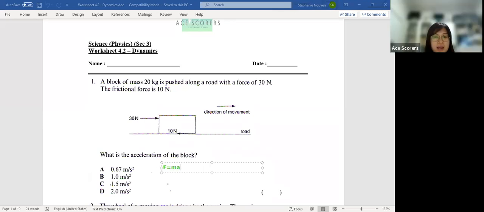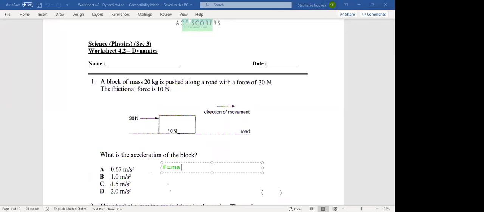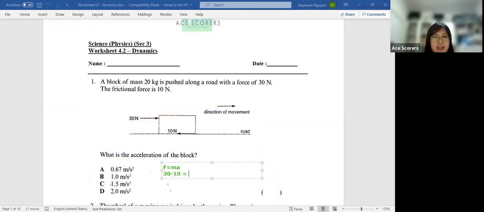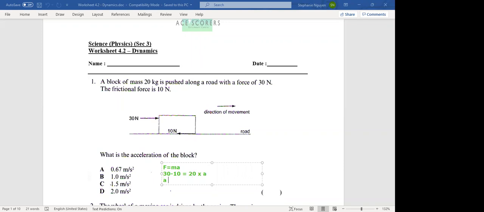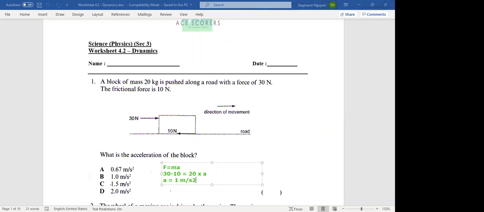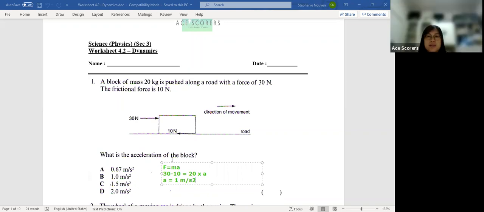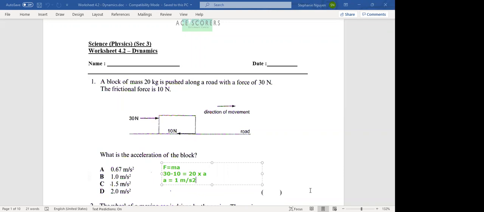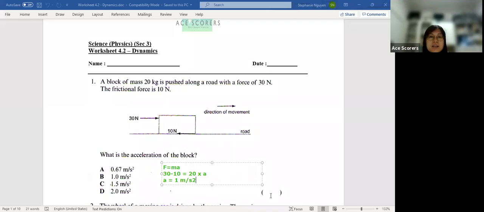Because using F equals to MA, your resultant force is 30 minus 10, which is 20, and then mass is 20 kg times A. So to find A will be equivalent to 1 meter per second squared. Got it? Any questions for this? No, so B is the answer. Now this is the working. If you want, you can jot it down.